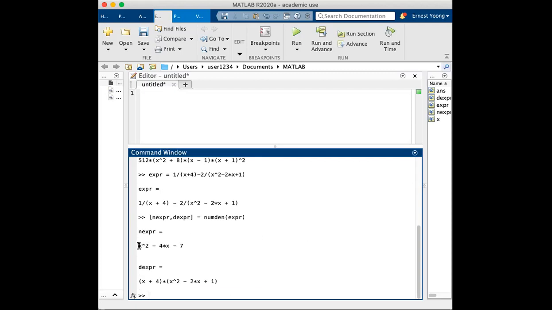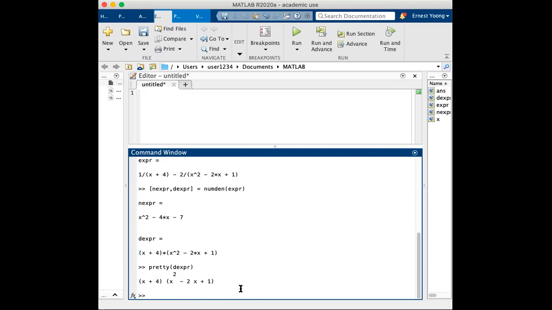You can see this is the numerator and this is the denominator. This is the command. If I want it to look nicer, I can say pretty. So it looks like this: x plus 4, x squared minus 2 x plus 4.